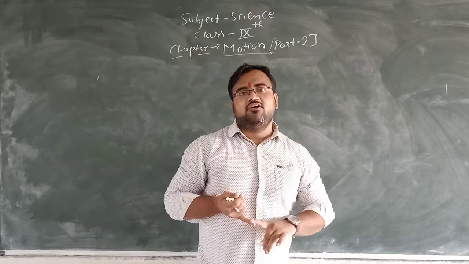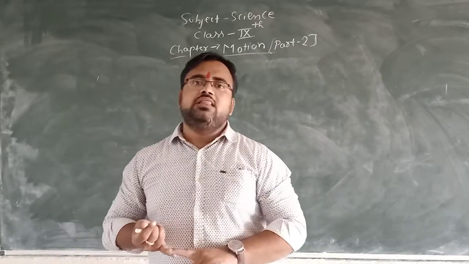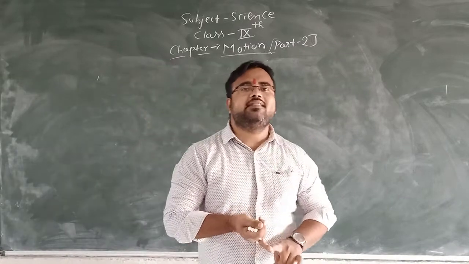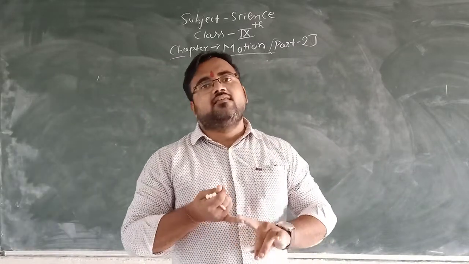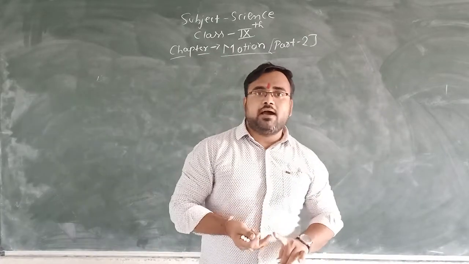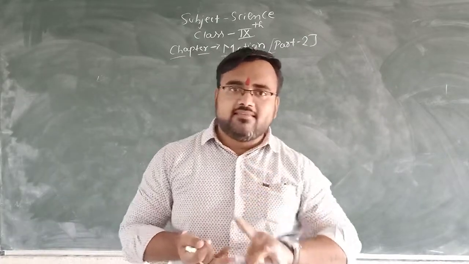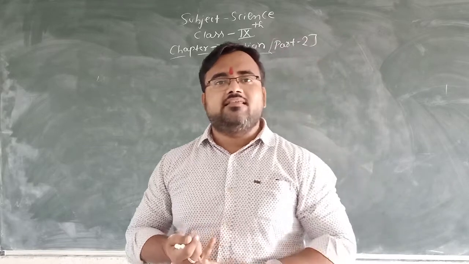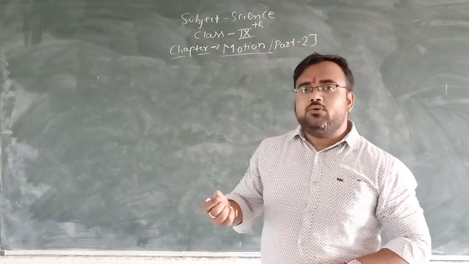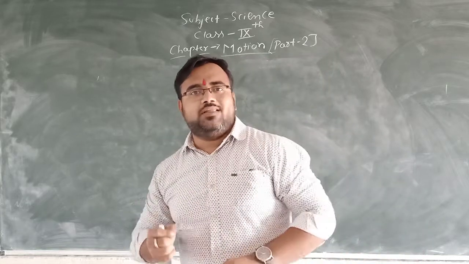Those quantities which are denoted by only magnitude, or only by numbers, are known as scalar quantities, and those quantities which are denoted by magnitude as well as direction are known as vector quantities. Today we continue with the concept of displacement.